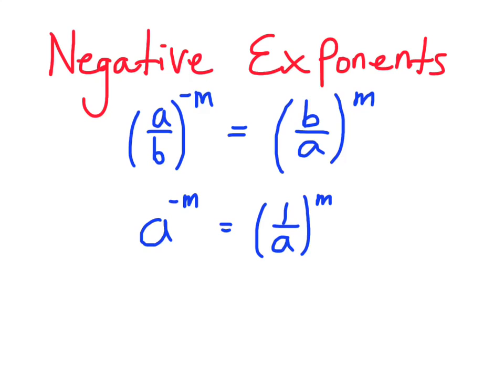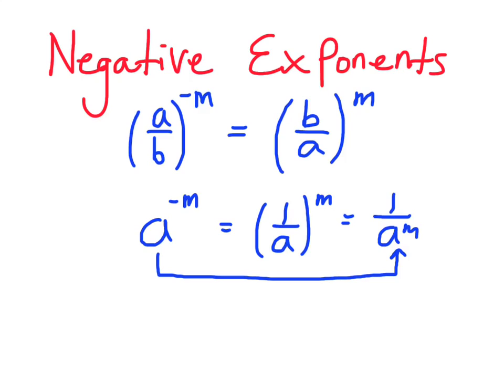Now that's not really pretty to look at, so what you need to think about is, well, 1 to any exponent, so 1 to the m could be a billion, it's still 1. So we can write it like that, and then a to the m. So it's not entirely unrealistic to be able to go from here to here. I think that's where students sort of get caught up in what to do where.